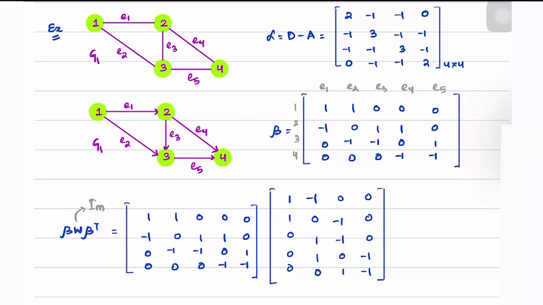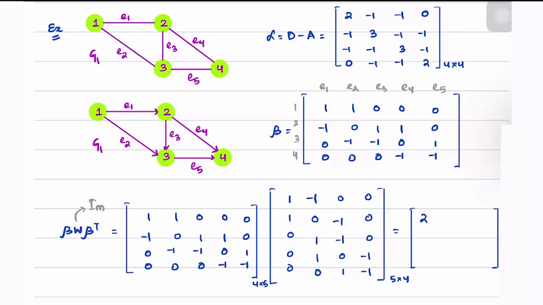Okay, this is obviously an m cross n, meaning 5 cross 4 matrix. This is 4 cross 5. And what will this product be equal to? Let's see. What we can clearly see is this will obviously be a 4 cross 4 matrix. But what will its entries be? Let's calculate. Multiply these to get the first entry.